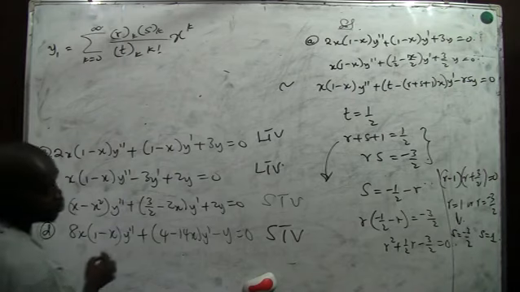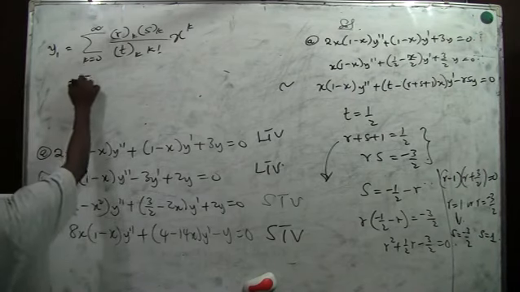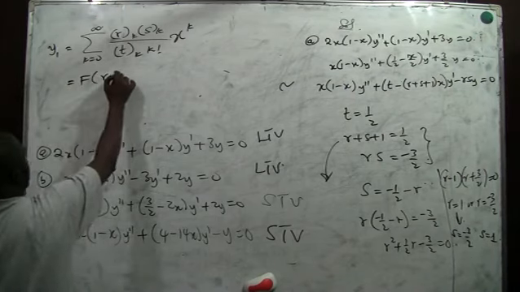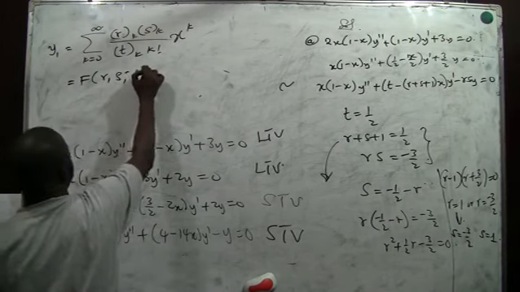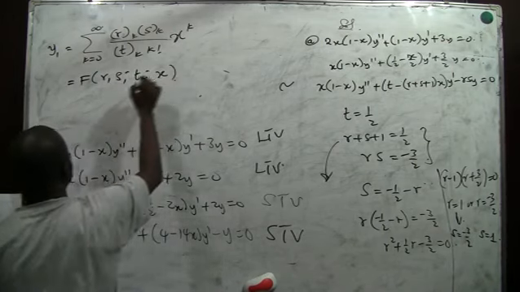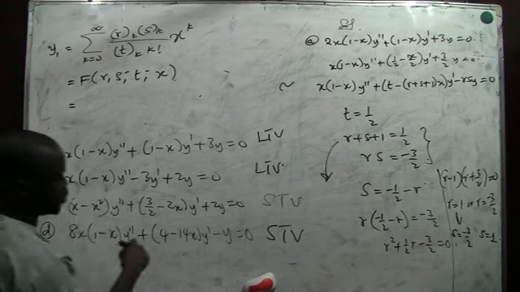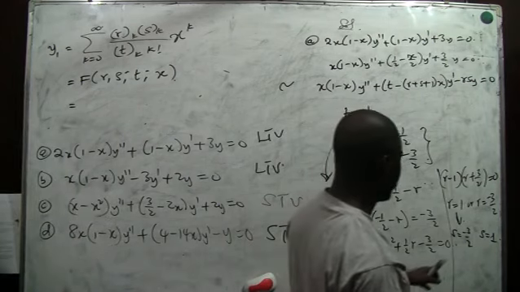Our R is known, which is F R, S; T; X. So finally, the first solution to that equation will give us our R.